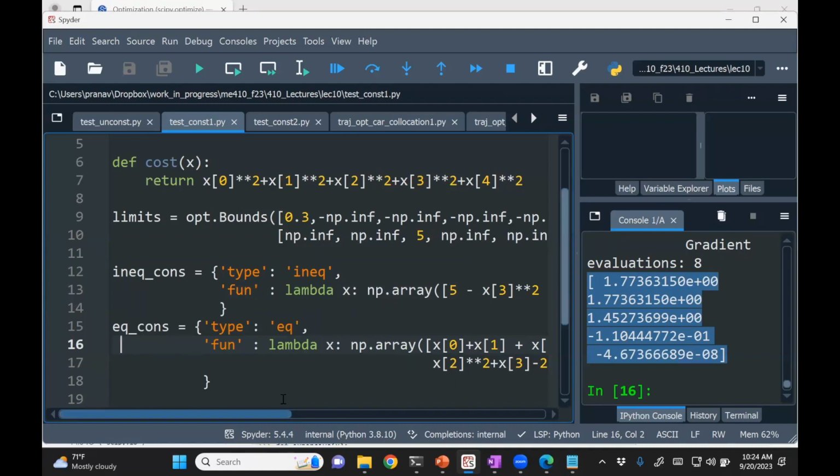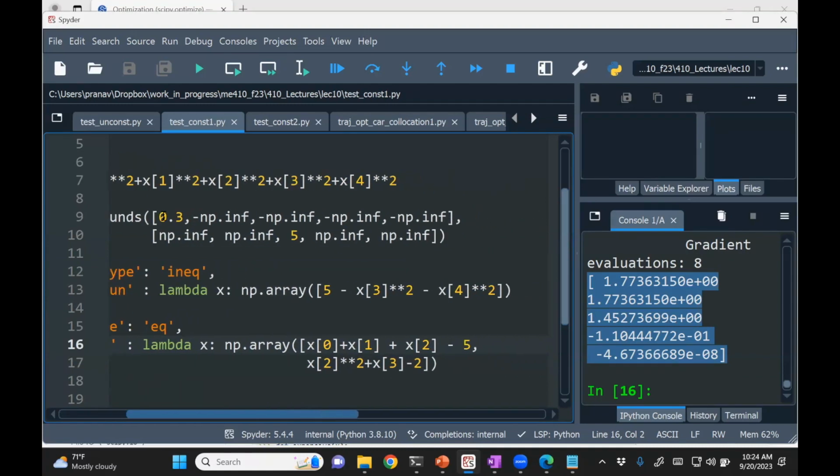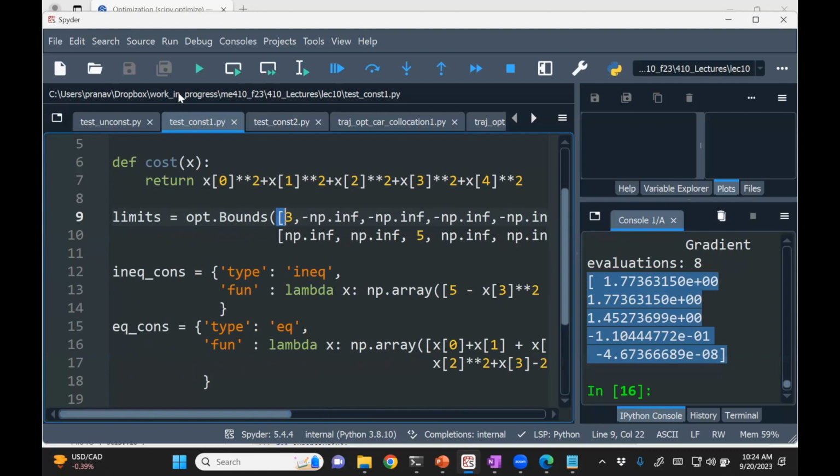So that's 5. So the first line is upper bound. Second line is lower bound. I thought this was 3. I might have made a mistake here. Let's just change that. Okay, and we can run. I'm sure it produces a new, different solution. Interesting. Let's copy that.